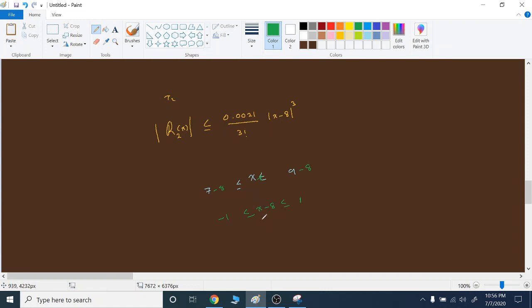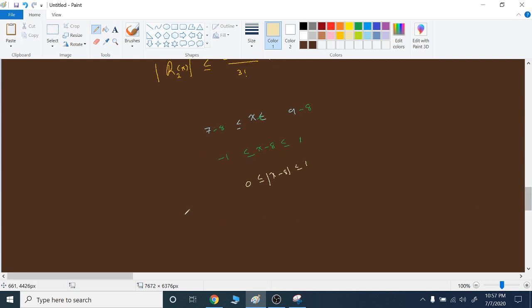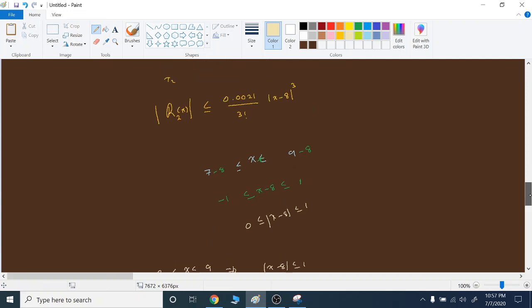And if you take the modulus, then it will be definitely greater than or equal to 0 because of the modulus, and since it is less than 1, this side will stay the same. So in other words, if x is within this region, then we have proved that |x minus 8| is less than or equal to 1.